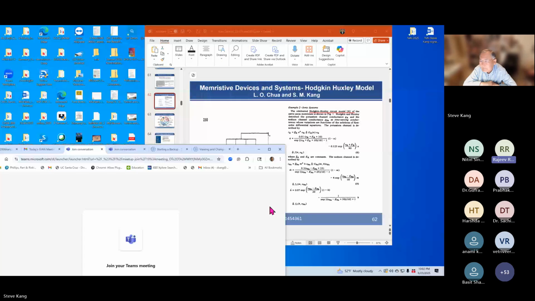Sir, there is one more question from Abdul Basit. He has written it in the chat box. Actually, it's a long question. Leon Chua originally predicted a direct relationship between magnetic flux and charge, which led to the introduction of the memristor. However, in most research papers, the characteristic pinched hysteresis loop is typically observed between voltage and current, which are in fact the time derivatives of flux and charge respectively.